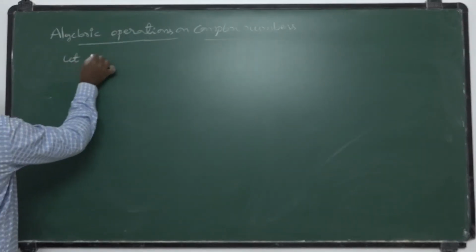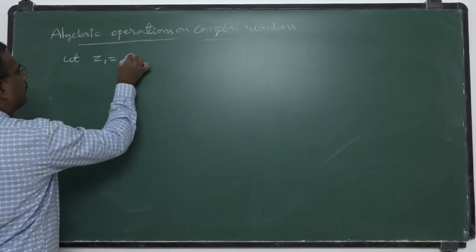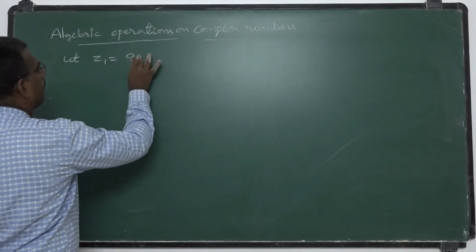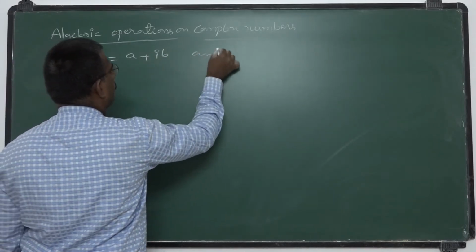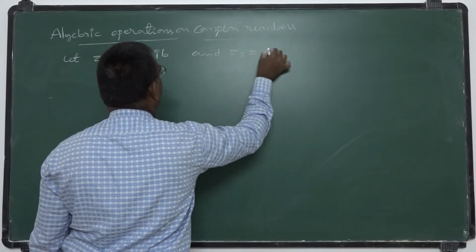Let z1 equal to a plus ib and z2 equal to c plus id.